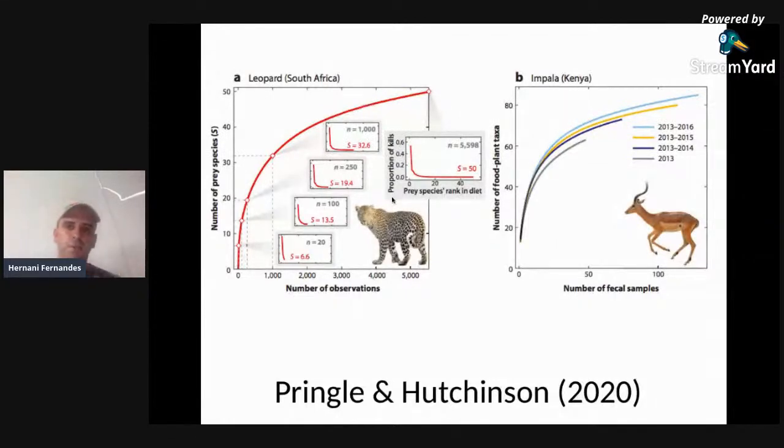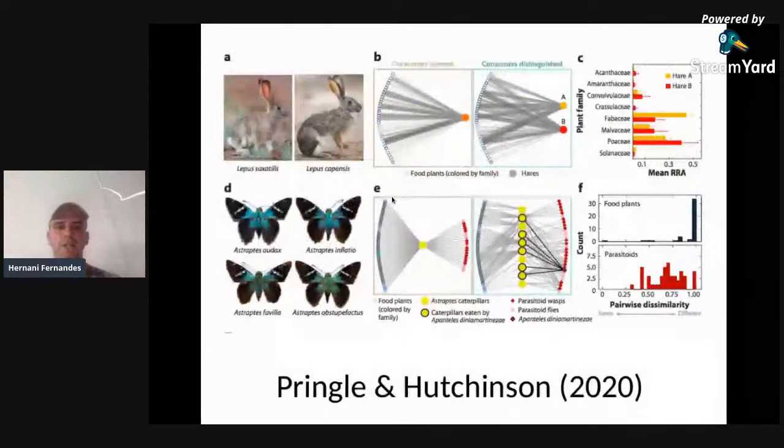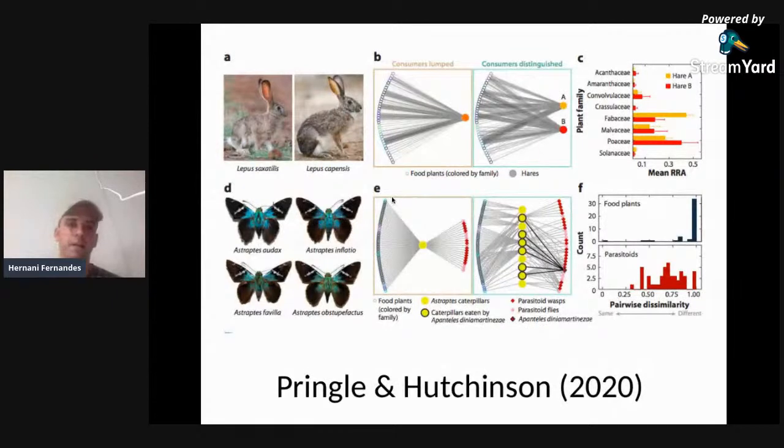So the number of interactions that we have been able to sample after the development of DNA barcoding has also increased exponentially. And this, as I was saying before, has also changed the perspective of how the networks are structured and how these interactions actually happen.